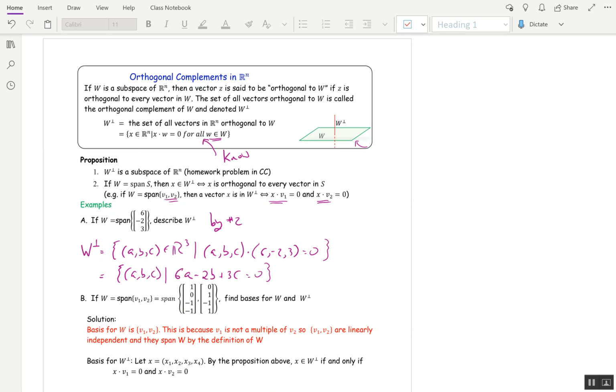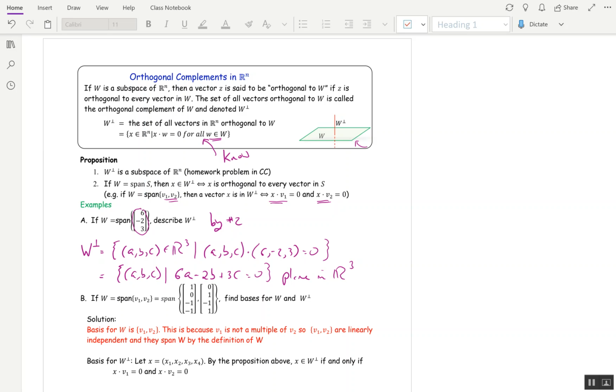So it's the set of vectors that satisfy that one equation. That's a plane in R3. All right, so that's a plane. And every vector in that plane is orthogonal to this vector here. Every vector in that plane is orthogonal to (6, -2, 3).